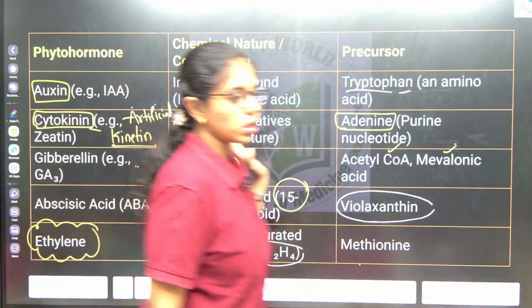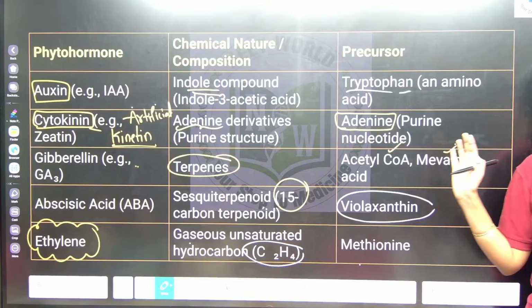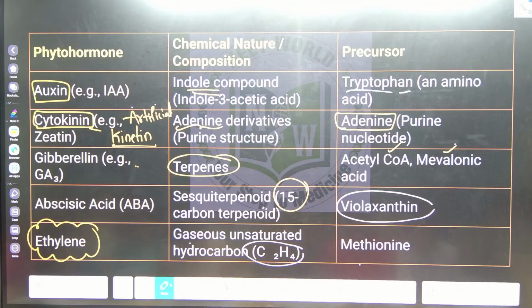First you take down this table, I will tell you how you have to remember it easily. From precursors and derivatives you can see 2 to 3 PYQs of NEET.